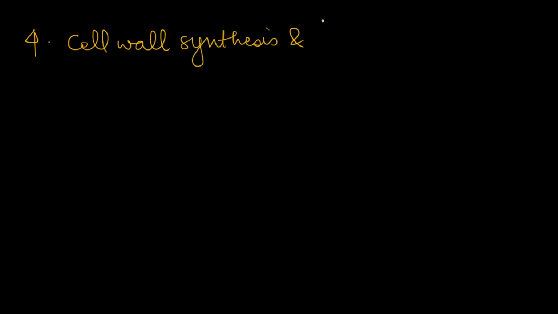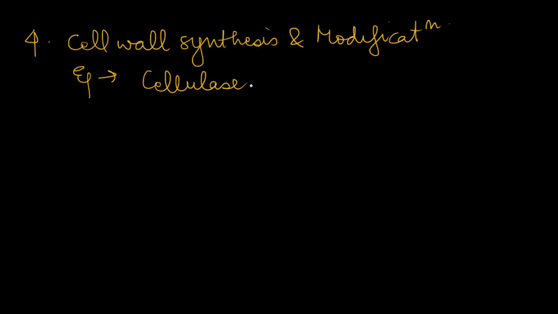Next, they have a role in cell wall synthesis and modification. Here you can give examples such as cellulase, pectinase, which help in cell wall synthesis and modification.